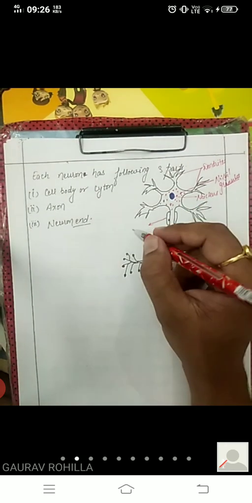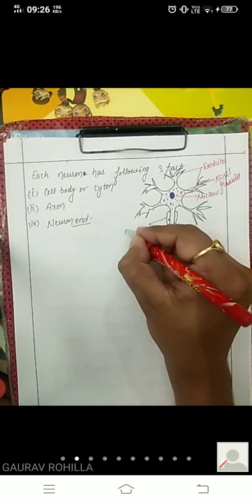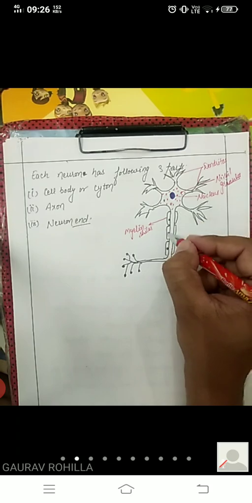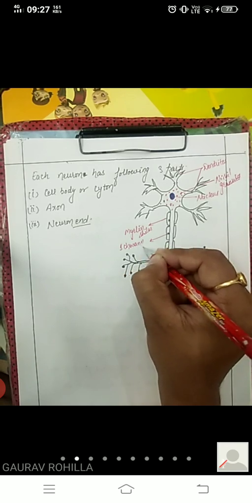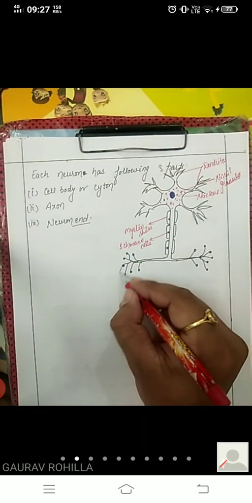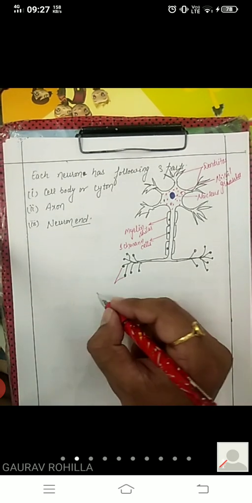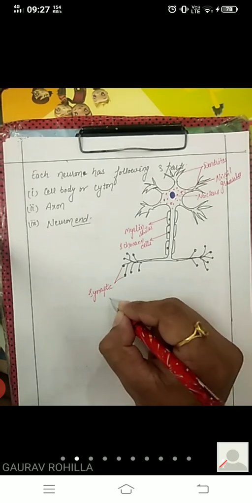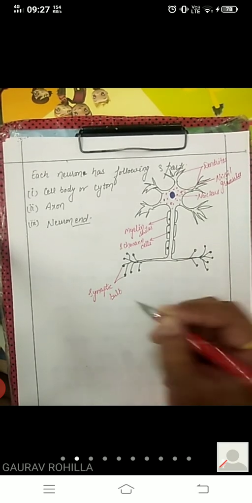These are myelinated sheaths which are made up of Schwann cells. These are the synaptic knob or synaptic bulb.